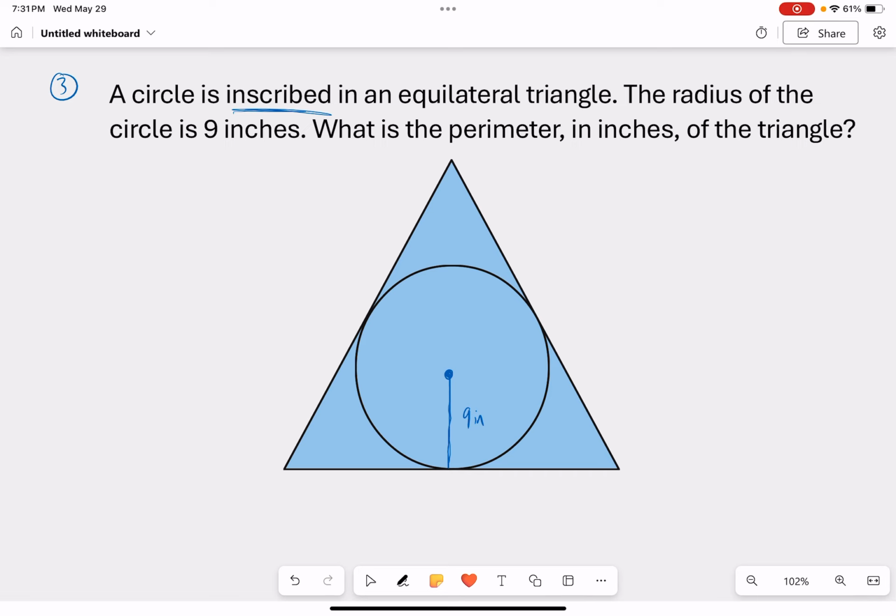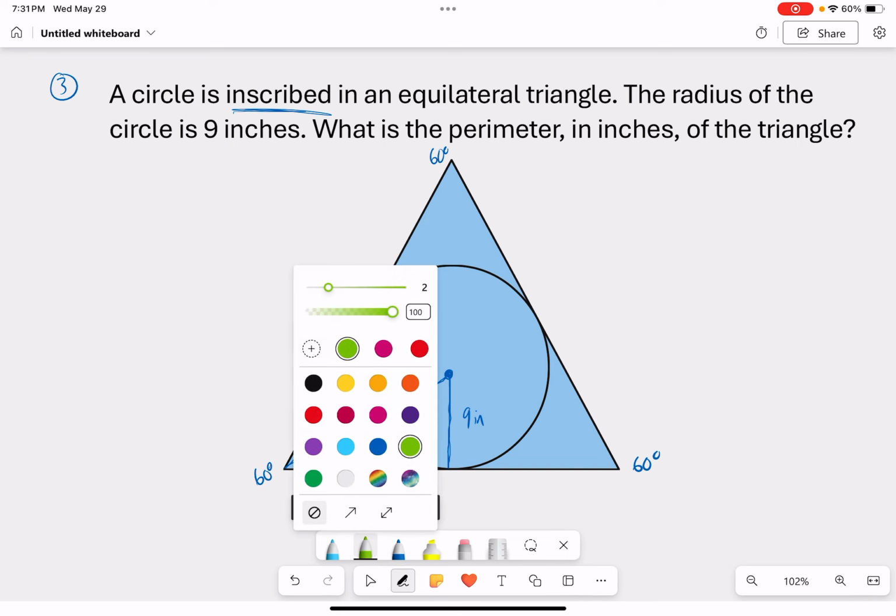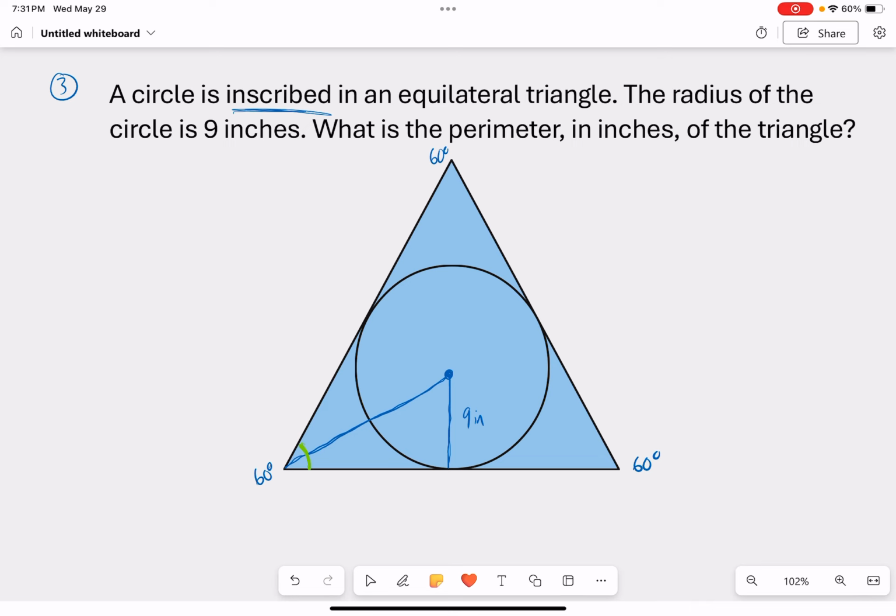And we know that this is 60 degrees, because it's an equilateral triangle. So all of these vertices are 60 degrees. If I connect this point to a vertex, I split this angle, so it's no longer 60.